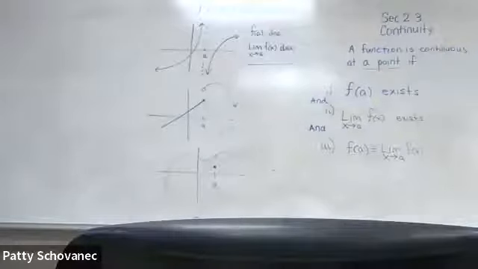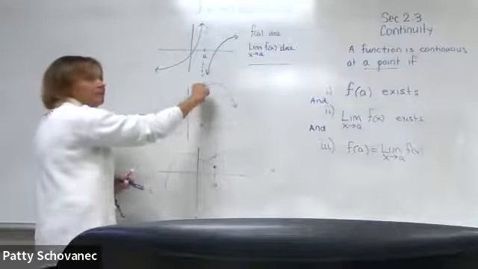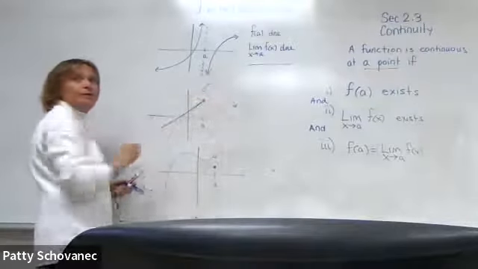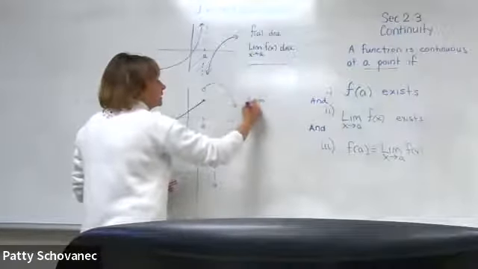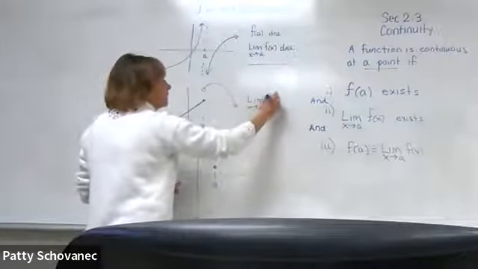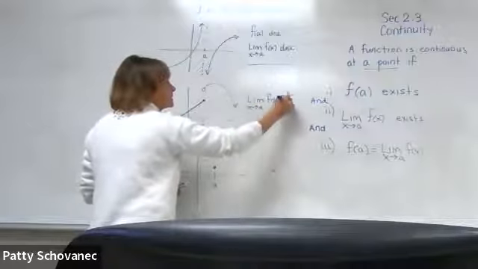All right, which of the three parts is violated in the middle picture? The second one, there is no limit, right? I've got a value of the function, but I don't have a limit because the two one-sided limits aren't equal. So here, the limit as x goes to a of f of x does not exist.